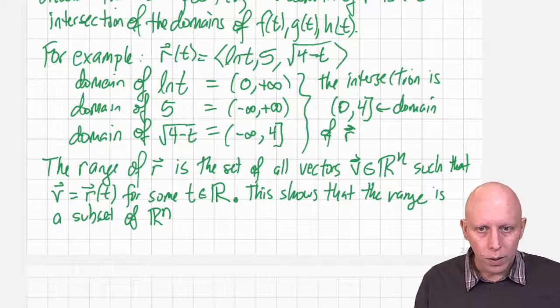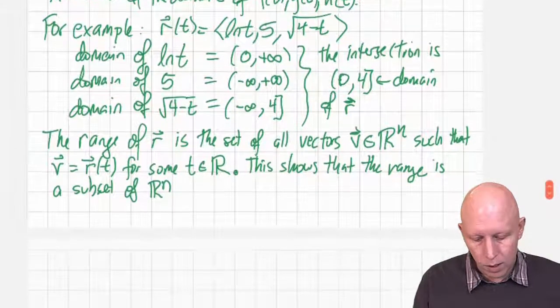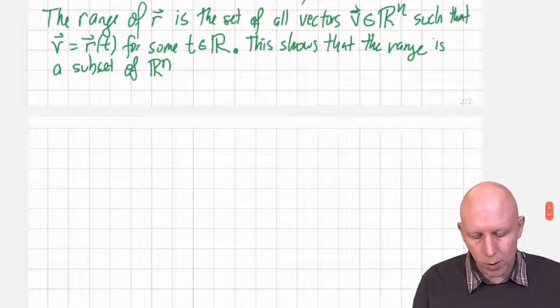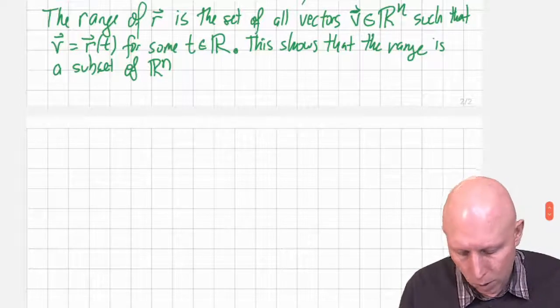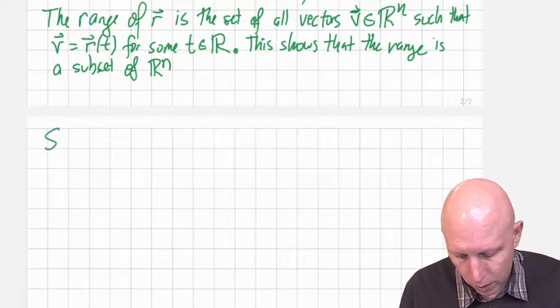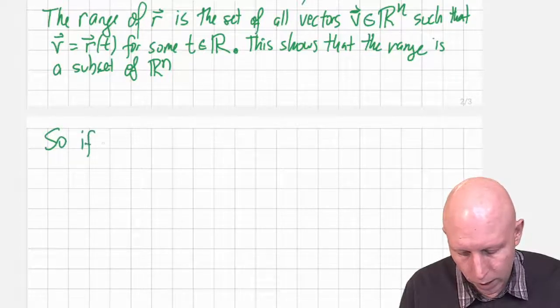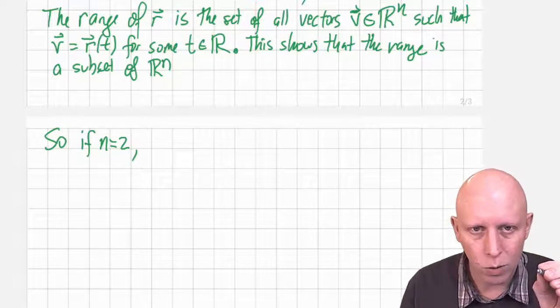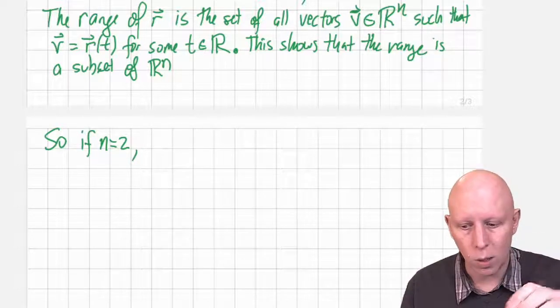Okay, that's a little interesting. So it's a subset of Rn. Let's look at what that could look like. If n is equal to 2, this is a vector in R2, it's in the plane.